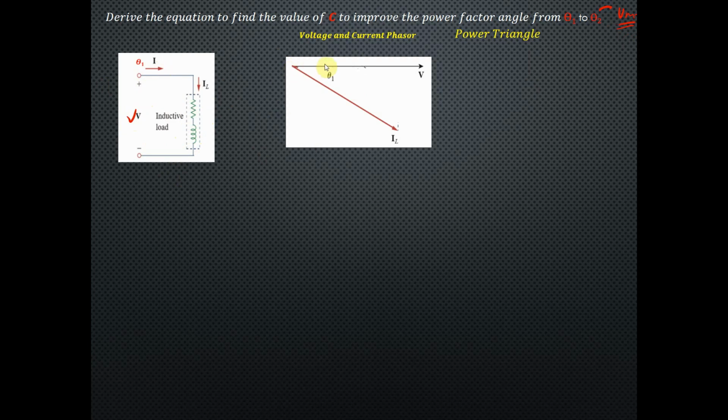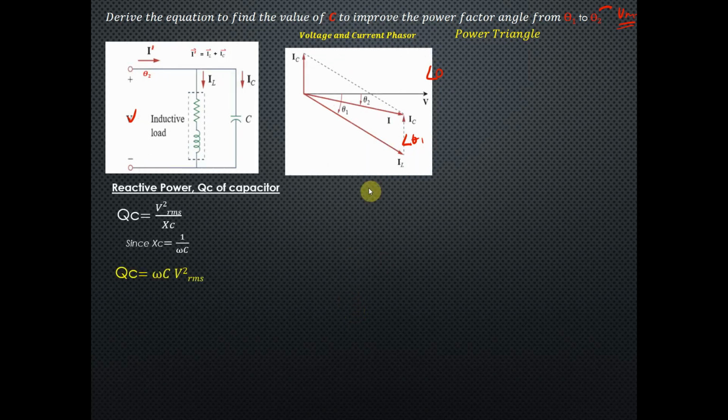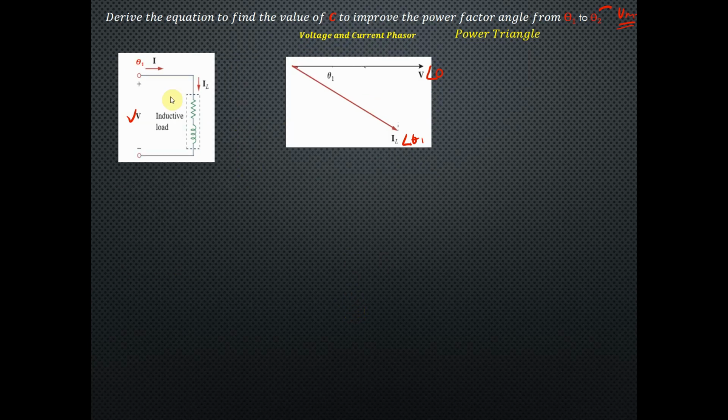So when I draw it in phasor, this is V at angle 0, and this is IL with an angle of theta 1. Now, earlier, we can say that the current I is equal to IL.